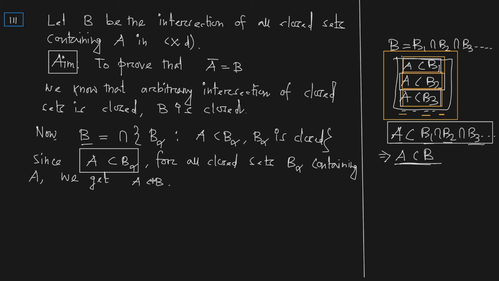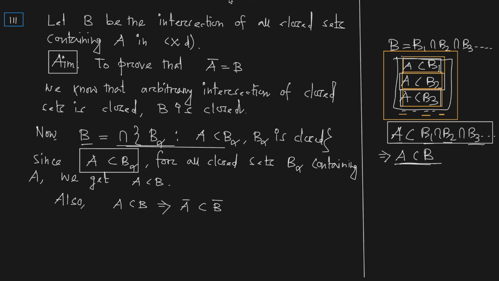Okay, also A subset B, so this implies A bar is a subset of B bar, right? Because I said earlier, if A is a subset of B then closure of A is a subset of closure of B. Now what is B? B means intersection of all closed sets, B1 intersection B2 intersection B3 intersection B4 dot dot.